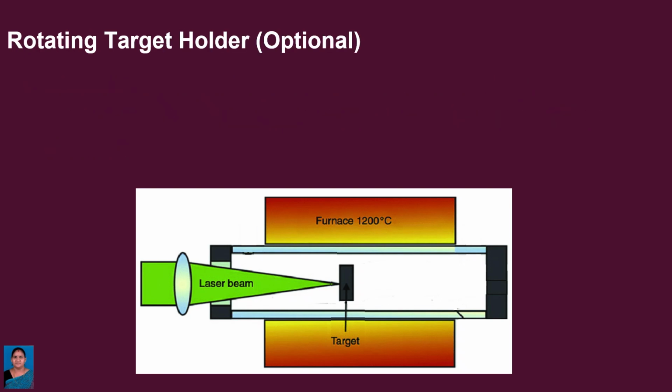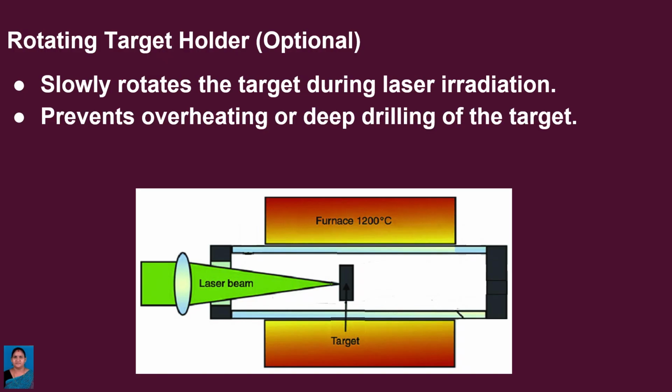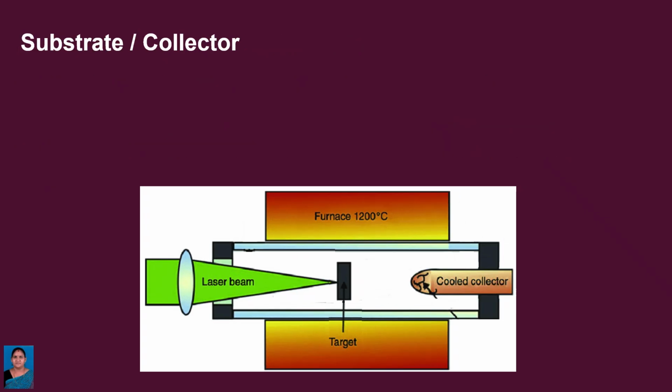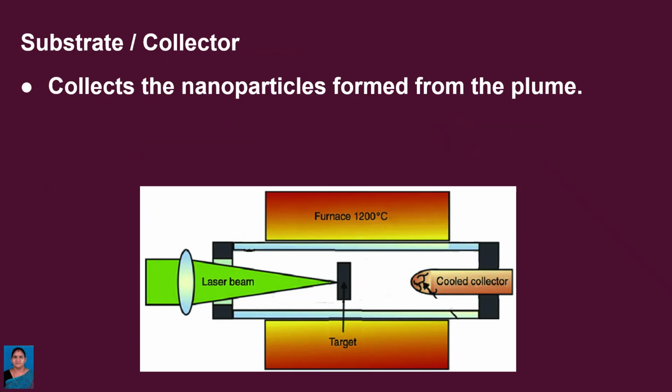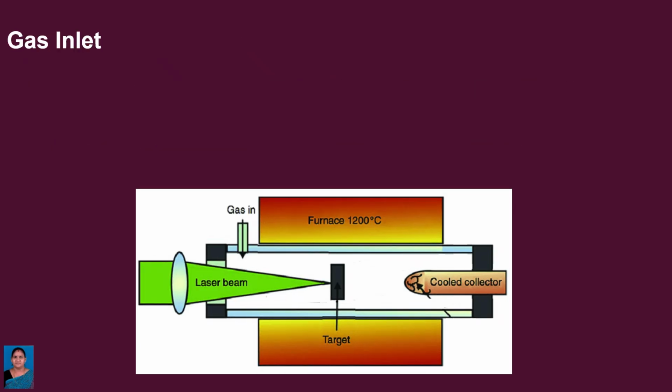Rotating target holder is optional. It slowly rotates the target during laser irradiation, prevents overheating or deep drilling of the target, and ensures uniform ablation and consistent nanoparticle formation. Substrate collector collects the nanoparticles formed from the plume, used for creating nanothin films or coatings.